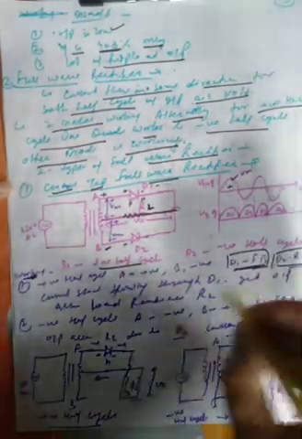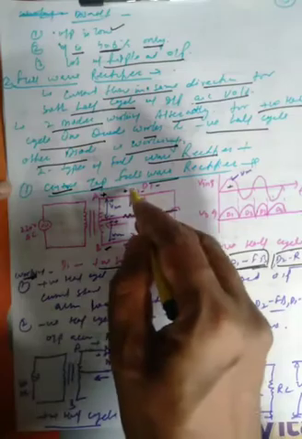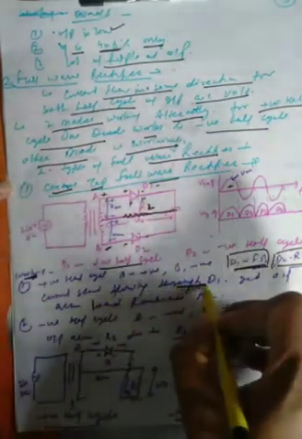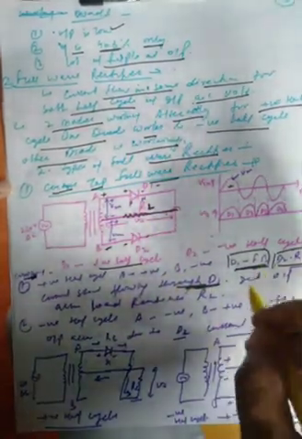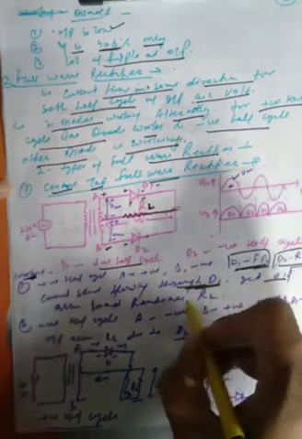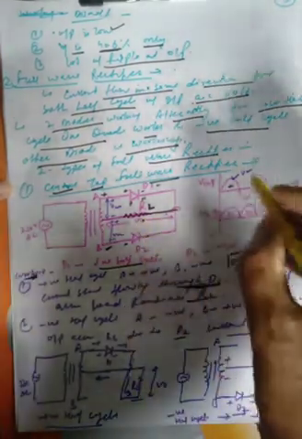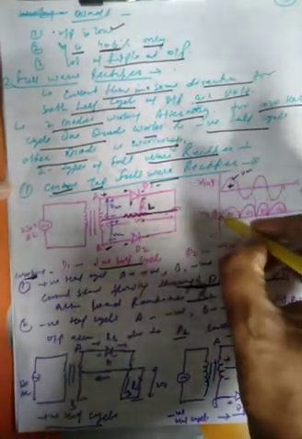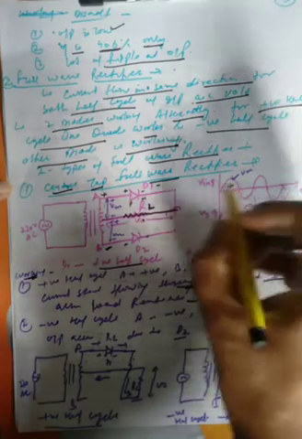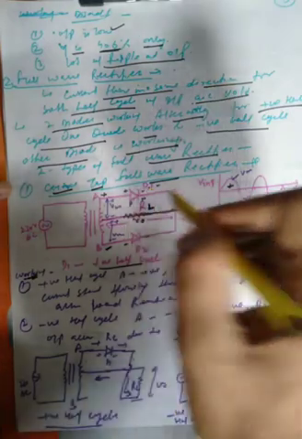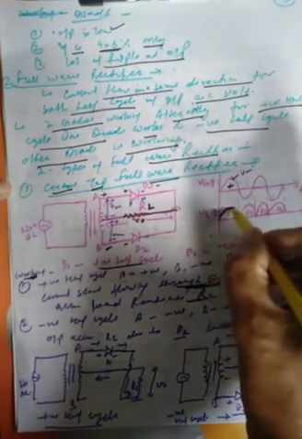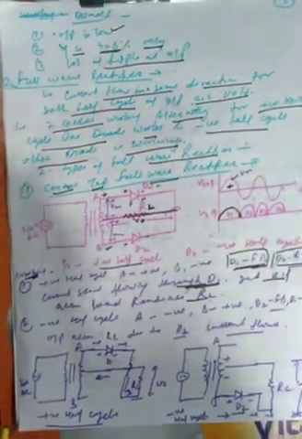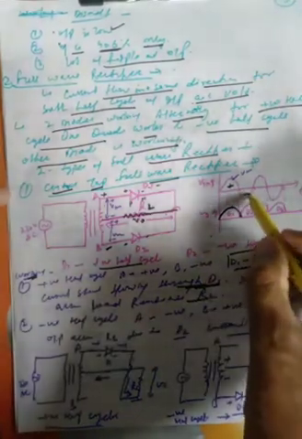That means current will flow only through D1. D1 conducts because it is in forward bias, and we get the output across the load, that is the output voltage Vout through D1. So there is an output during the positive half cycle.